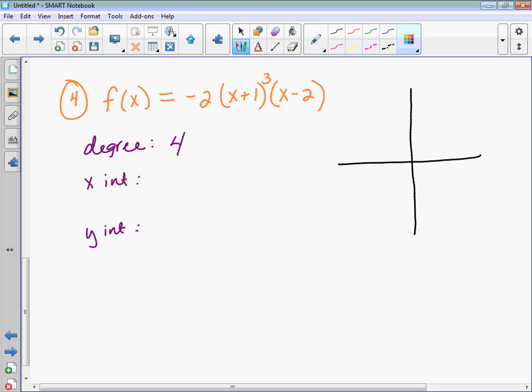How many x-intercepts do we have? 2. Okay. The y-intercept is a little easier to find this time. I picked nicer numbers for you. Just a little.